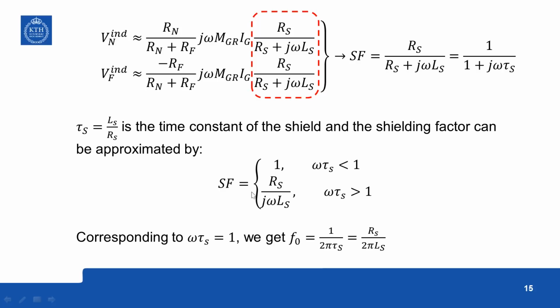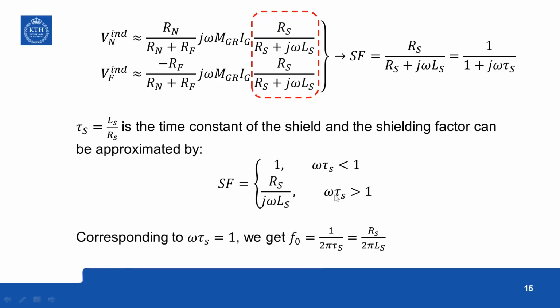Now the shielding factor will be 1 if omega tau_s is less than 1 approximately, and this will be equal to R_S by j omega L_S, or 1 by j omega tau_s, if omega tau_s is greater than 1. So this 1 can be neglected, then it is 1 by j omega tau_s, which is nothing but R_S by j omega L_S.